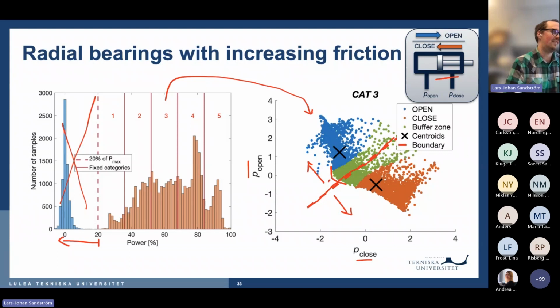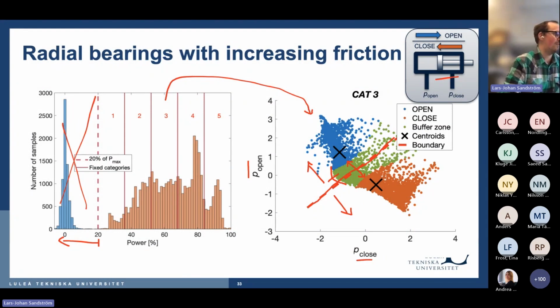And we can see that it's a little bit off to separate the classes totally correct, at least to the naked eye. So therefore, we also put in this buffer zone that we don't analyze in the models. So then we only analyze the blue dots where we clearly are opening the turbine, or where we're clearly closing the turbine in the orange dots.